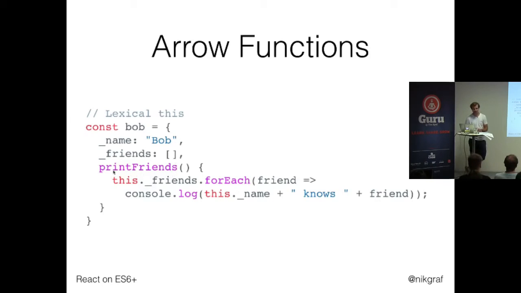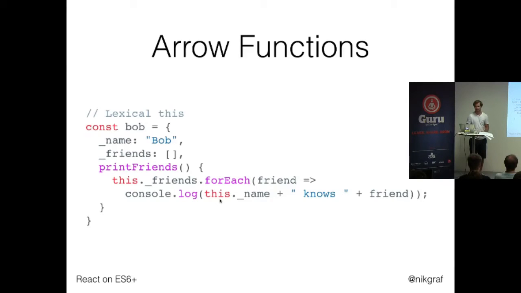But you could still ask Bob to print his friends, and this would need to iterate over the friends, and then for each friend we log out Bob knows this friend. And the beauty of it is that inside this arrow function, this is the right one, the one that you want to have.